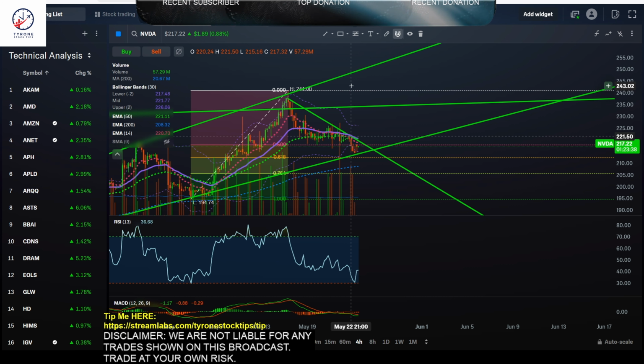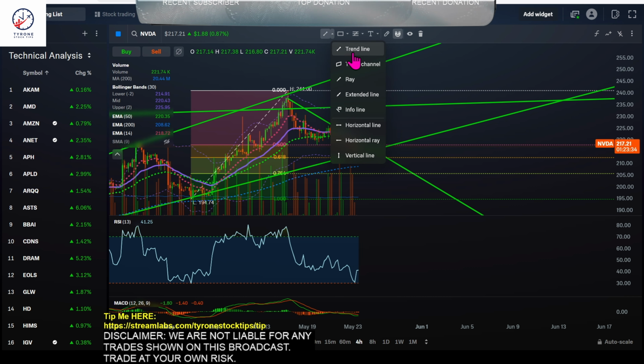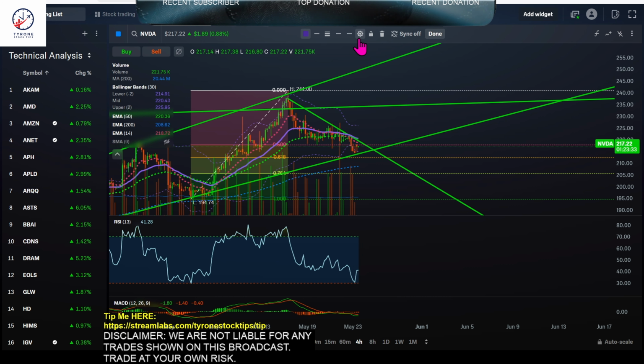You see that? And we're gonna show y'all some numbers. Let me draw from record high to where it currently is now. Percent change. That's a 10% profit that you can make.